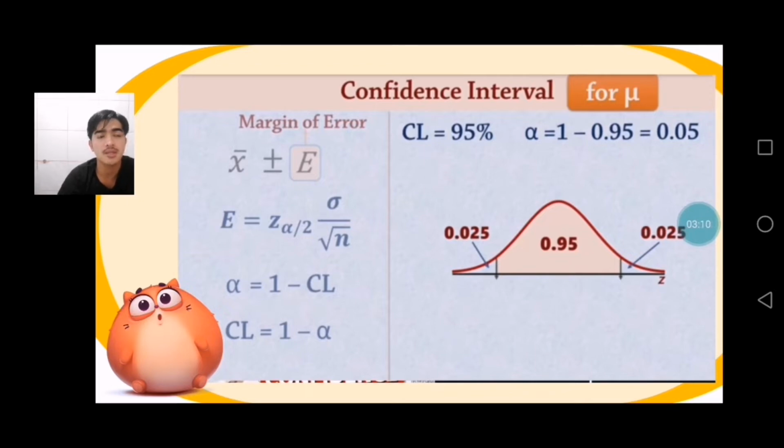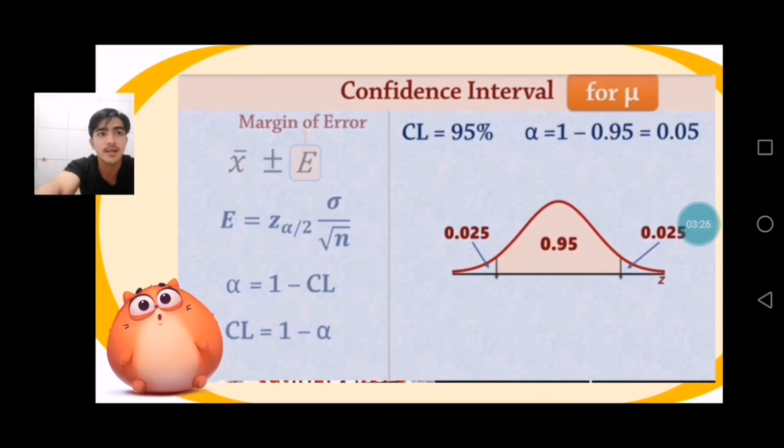If the population standard deviation is known, the margin of error is determined by Z alpha over 2 times sigma divided by the square root of n. Just focus on the left side.